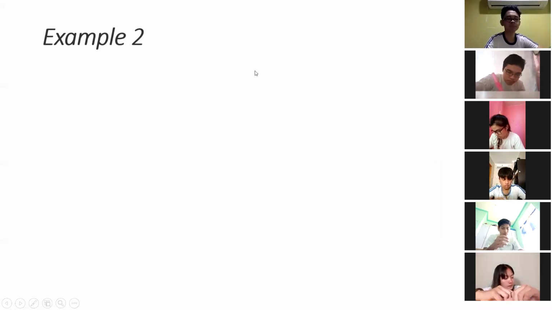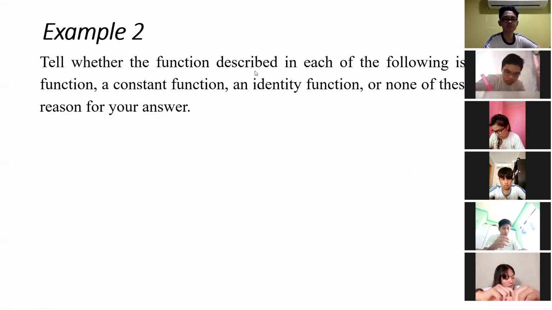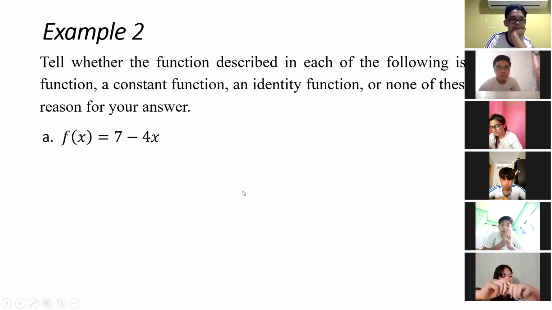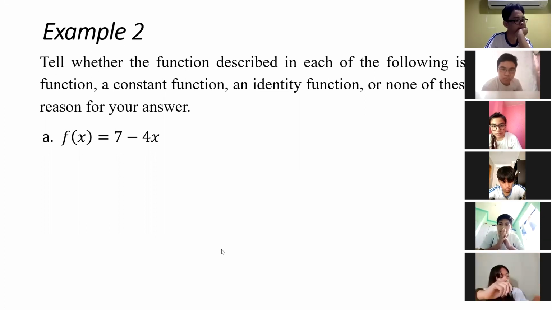Okay, another one, or this is an example of the linear, identity and constant function class. So give your answer and a reason for your answer. Let's try letter A. Letter A, is this a linear, a constant, or an identity function?